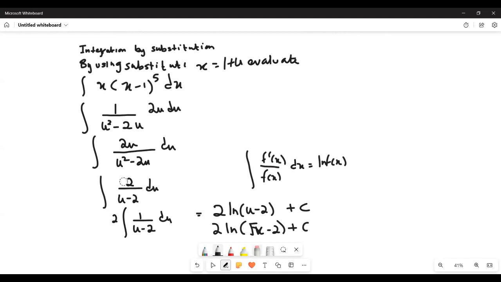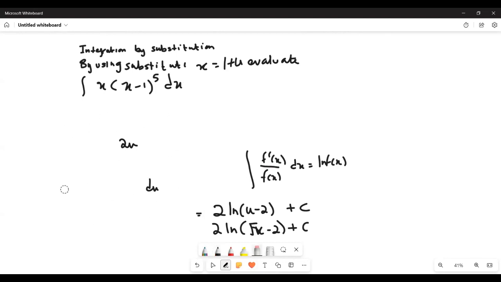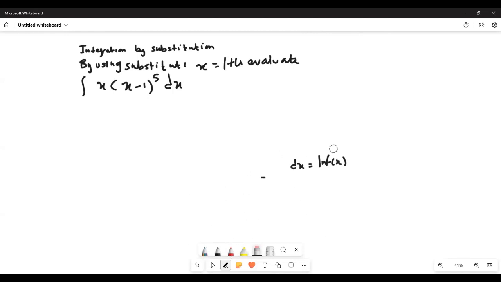Okay. So again, you always start with the substitution given to you. It's x equals 1 plus u. Now you derivate it with respect to the variable at the right, which is u. So dx upon du will be, the derivative of 1 is 0 and du upon du will be 1.